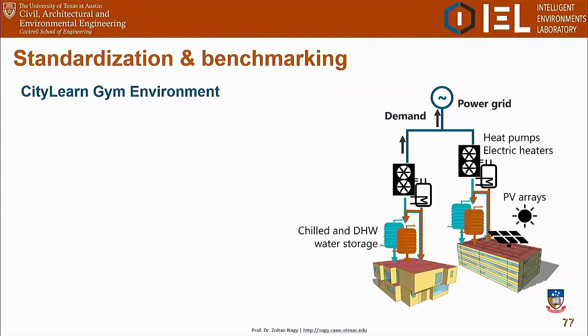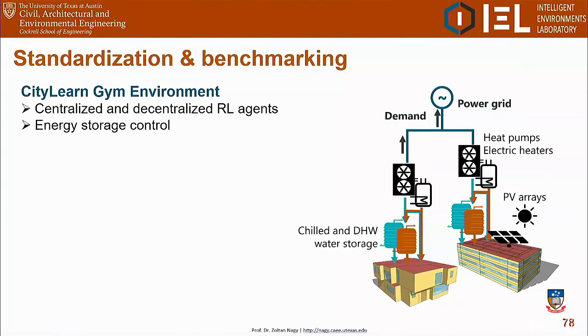So the objective is to minimize the peak energy consumption over the whole year, minimize the average monthly peaks, maximize the load factor, and minimize the net electricity consumption from the grid. Basically we are trying to flatten and smoothen the curve of demand in the district.